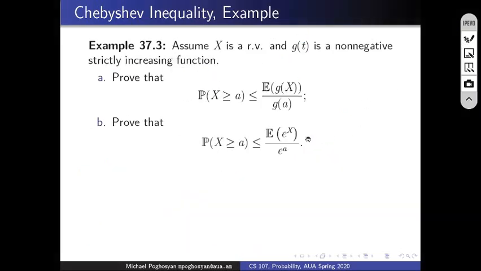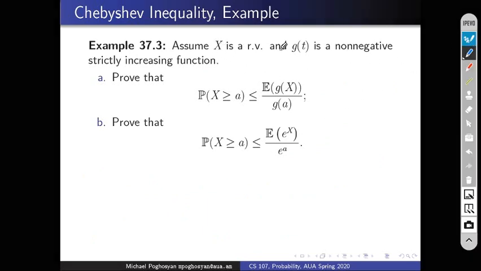Okay. So the next example: assume X is a random variable, any random variable, taking negative, positive values, etc. And g is a non-negative strictly increasing function. We need to prove that the probability that X is larger or equal than a is less or equal than this.